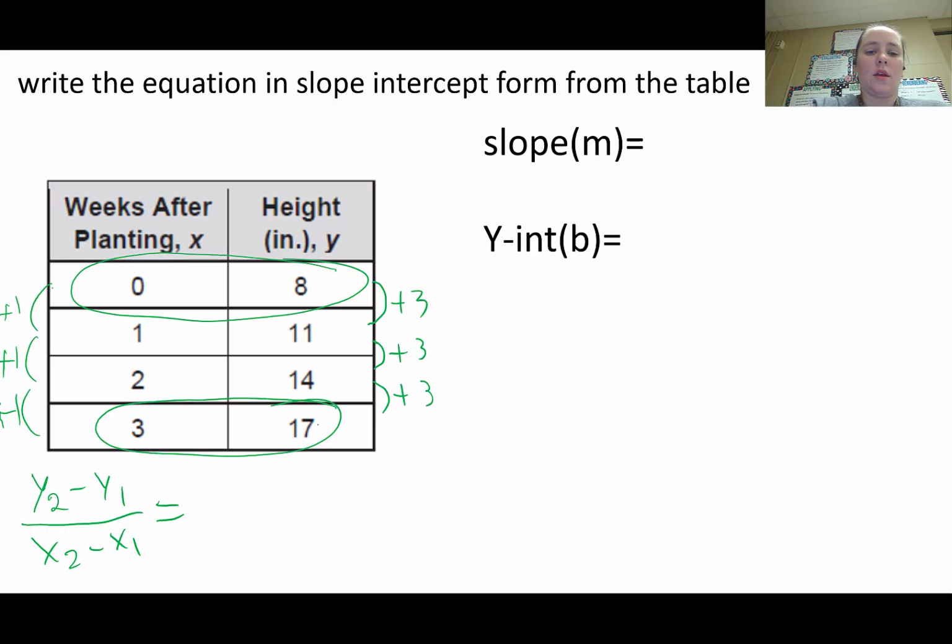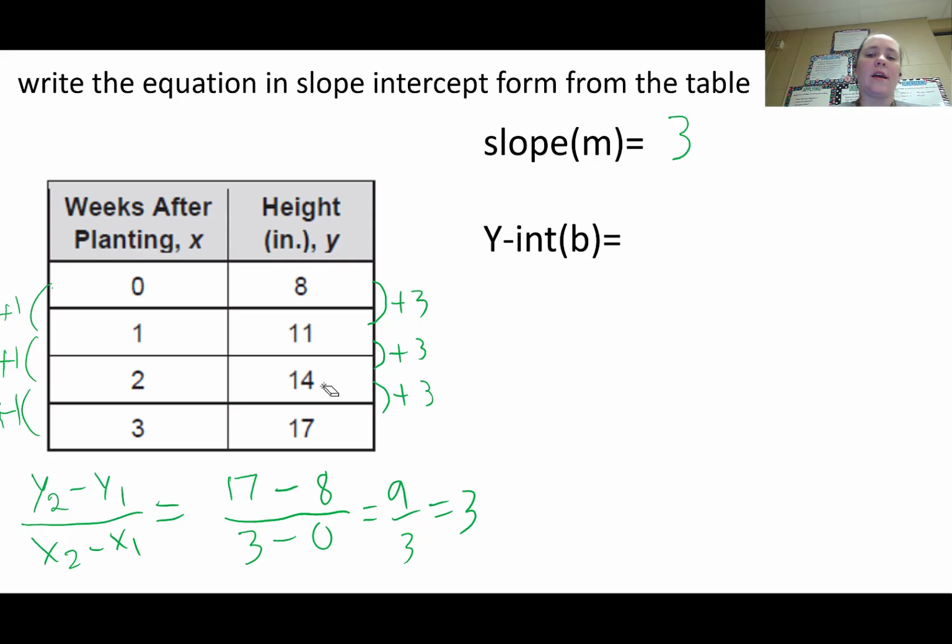I'm going to do my y2, which is 17, minus 8, over 3 minus 0. Which gives me 9 over 3, which is equal to 3, which we would have gotten here, right? 3 over 1. So my slope is 3.